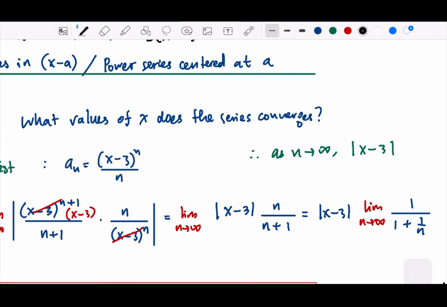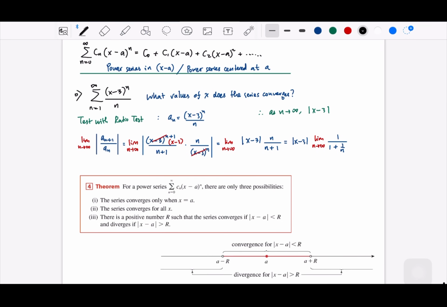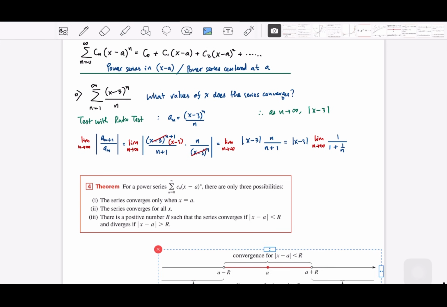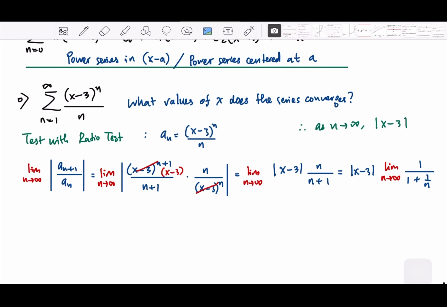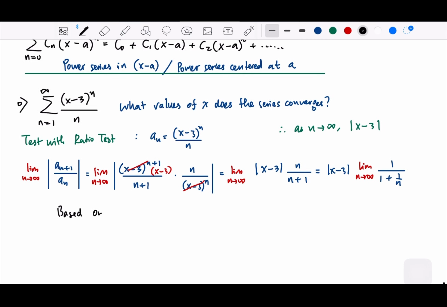Okay, let me write, so based on ratio test, this is absolute value of x minus 3.